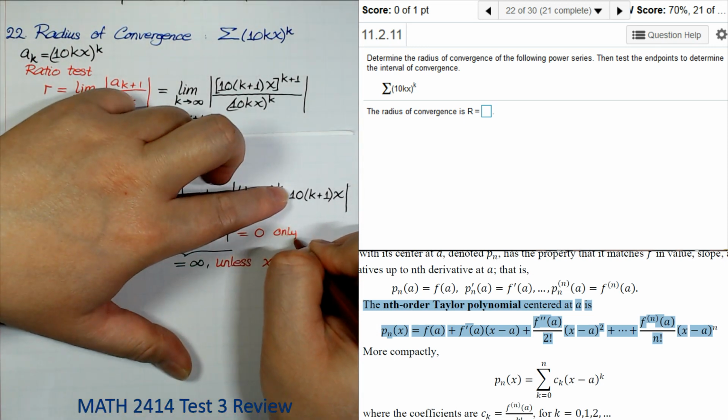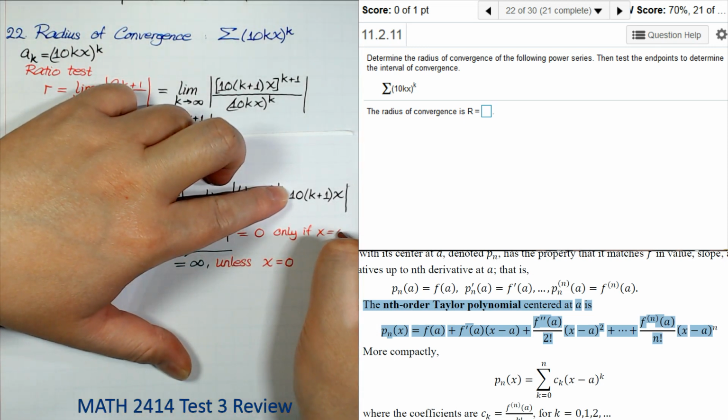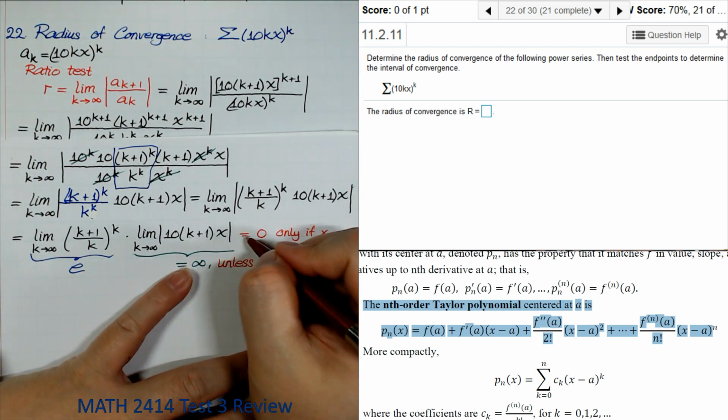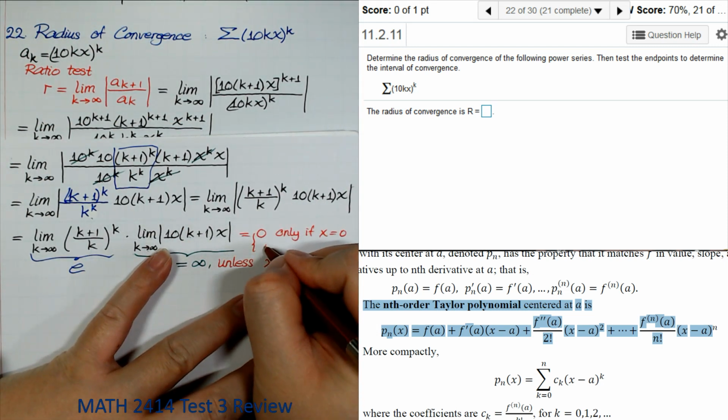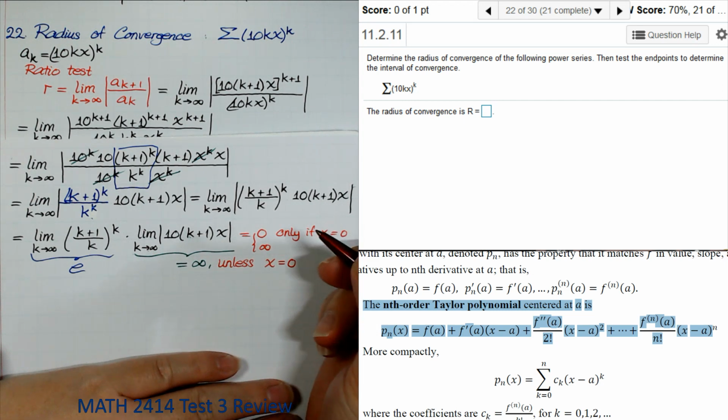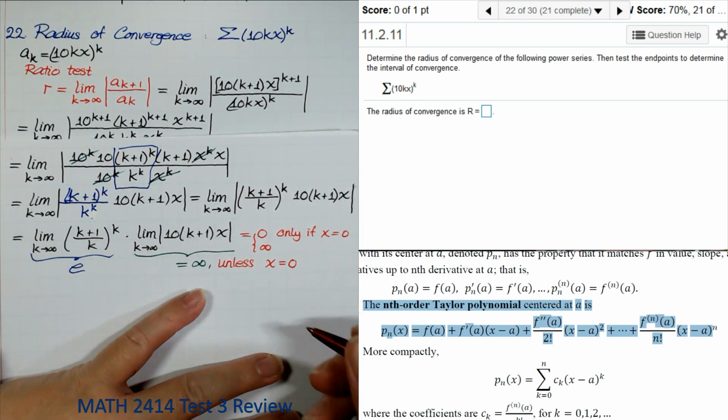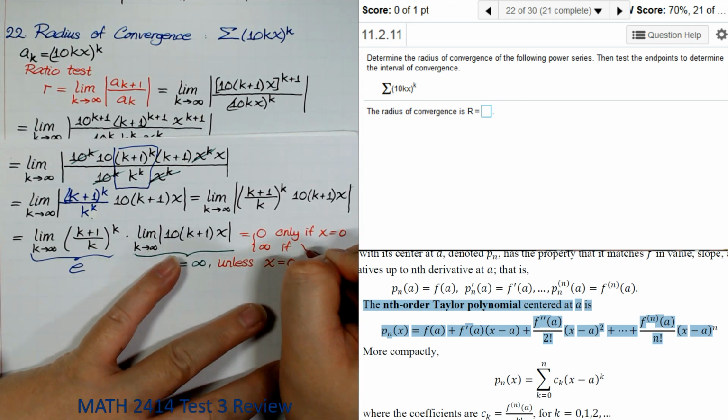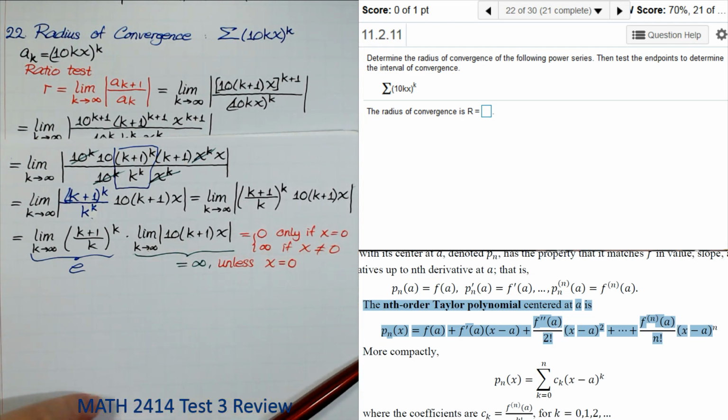Only if x is equal to 0. If x equals something else, it will equal infinity because of the absolute value, so it's going to be positive infinity if x is not equal to 0.